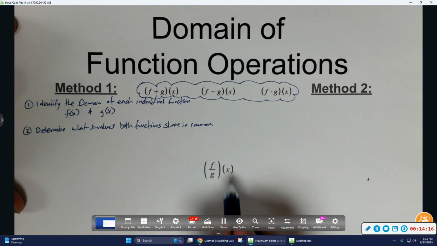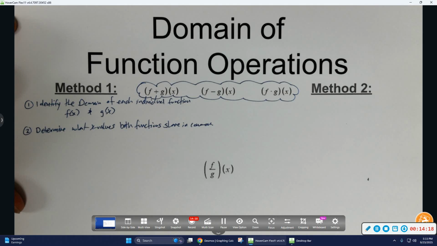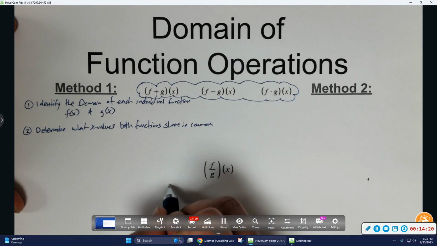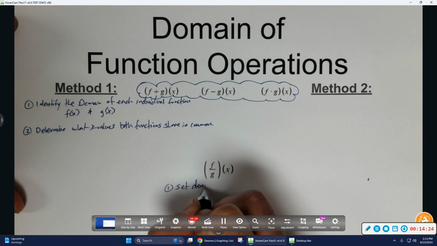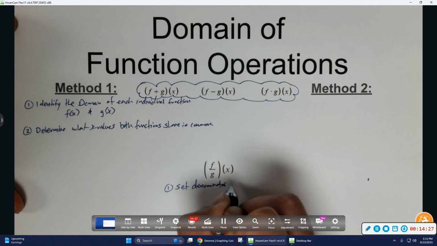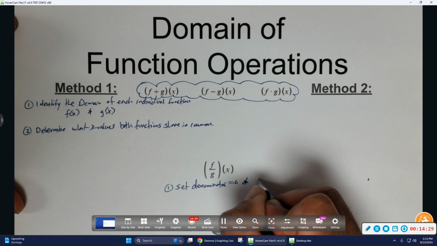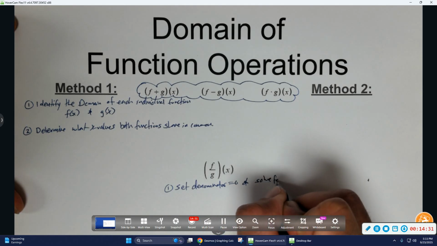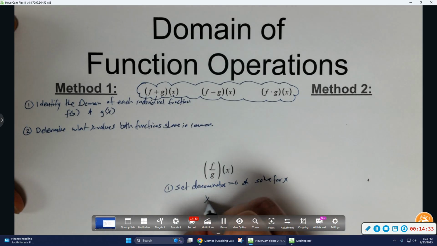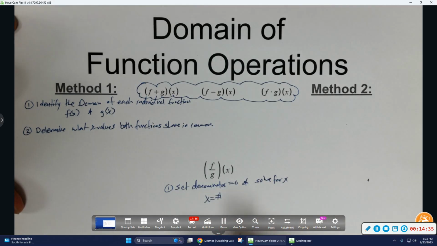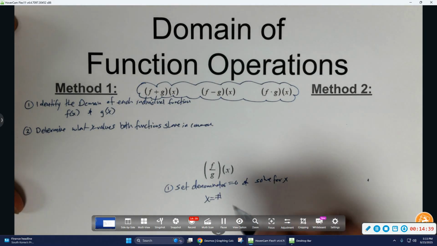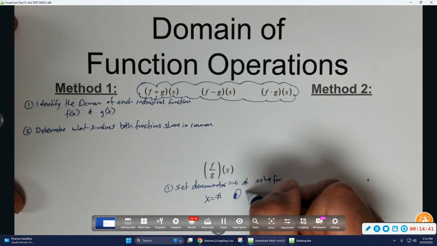Now, for division, we broke this into 2 steps, right? Step 1, set the denominator equal to 0 and solve for x. Once you find that x value, sometimes 1, sometimes 2, depending on how many values you get for your solution, you're going to want to look at that part of the graph.